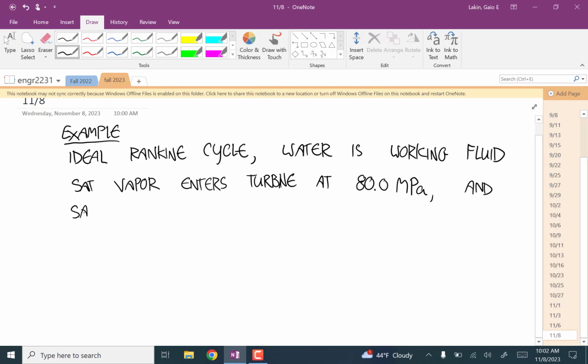And saturated liquid exits the condenser at 0.008 megapascals.